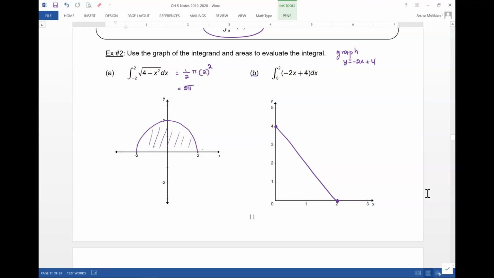You can go further than the x-axis, that's fine, or you could just stop, that's fine too, because we're only going from x equals 0 to 2. And now I need to find the area of this cute little triangle. So area is half times the base, 2, times the height, 4, so it's just 4.